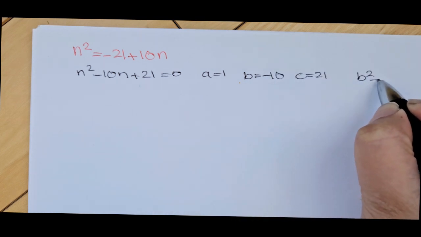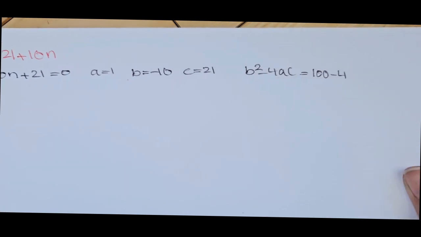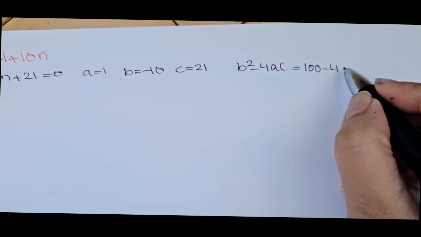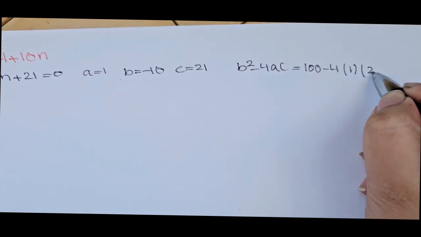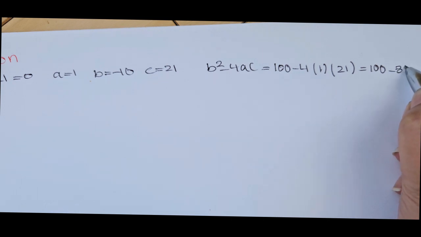And remember, this is the discriminant. So B squared is 100 minus 4 times AC. A is 1, C is 21. 100 minus 84, which is 16. So your discriminant is greater than 0, which means you will have two real roots.